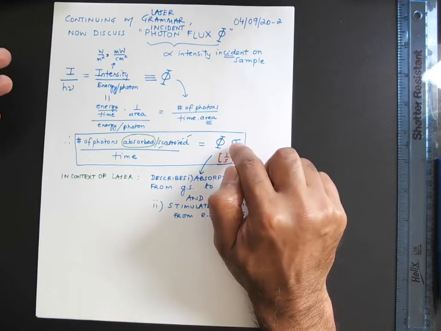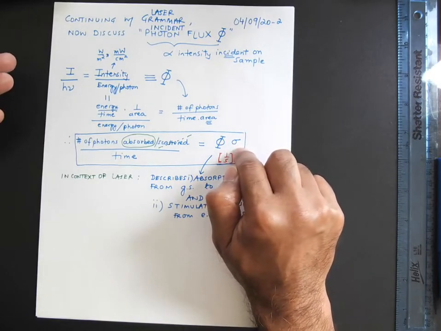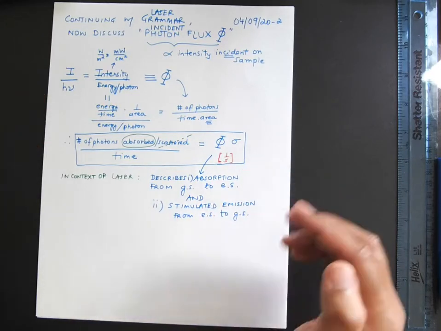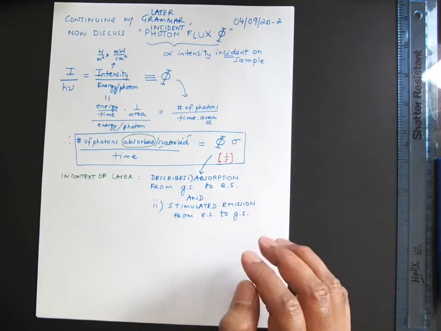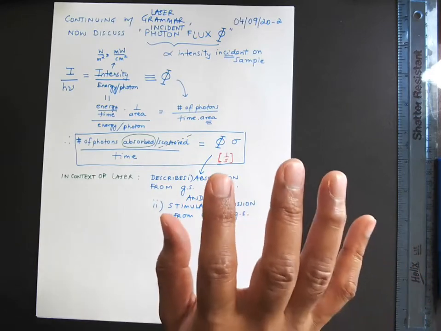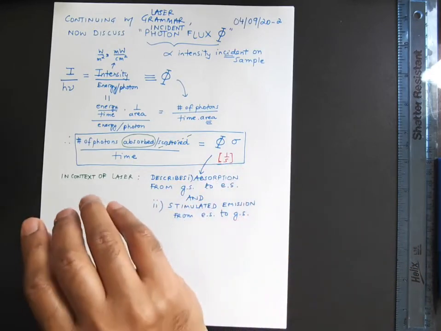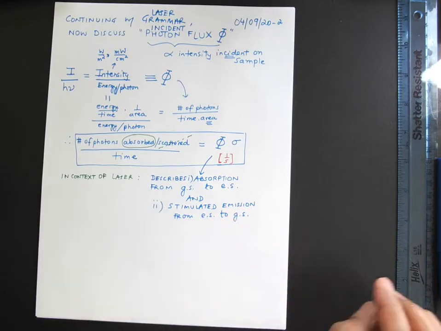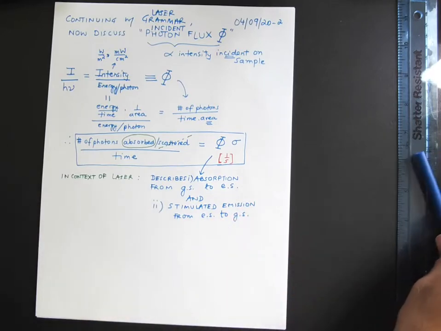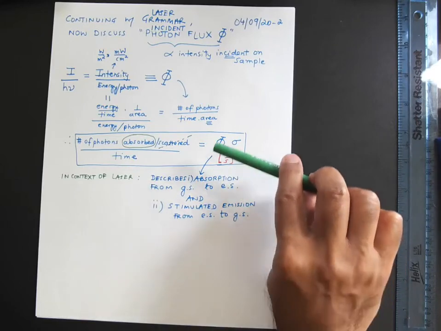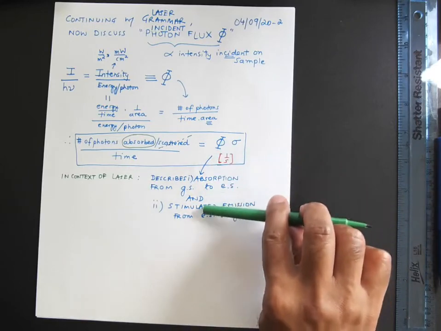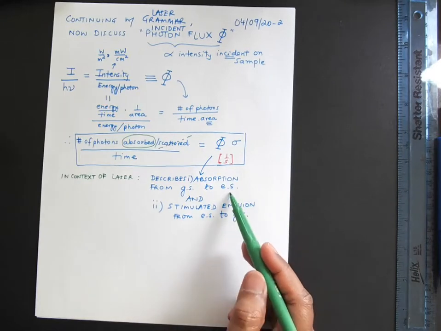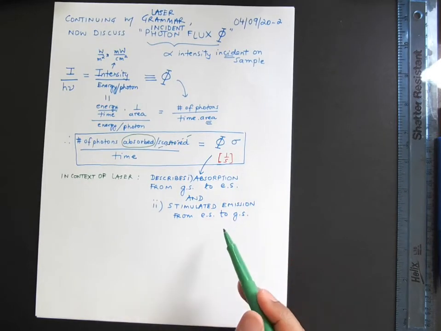And if you multiply it by sigma, then it also describes the stimulated emission process back down to the ground state, because that's how many photons are there. You know how stimulated emission occurs when there is another photon nearby to cause it. So absorption and stimulated emission are very much the same process, except one goes from ground state to excited state, the other goes from excited state to ground state.